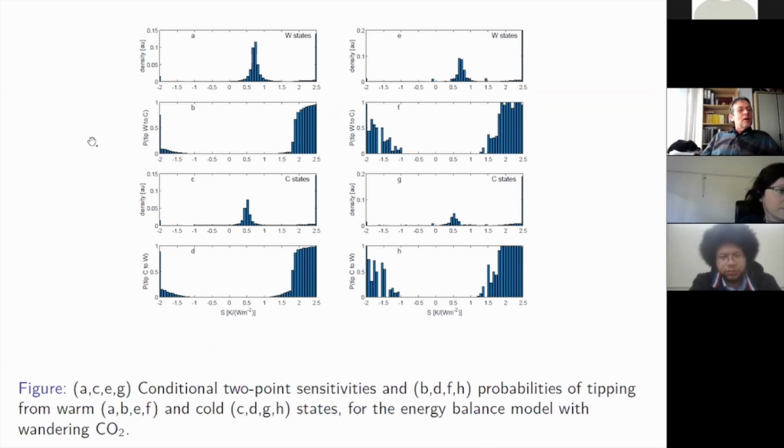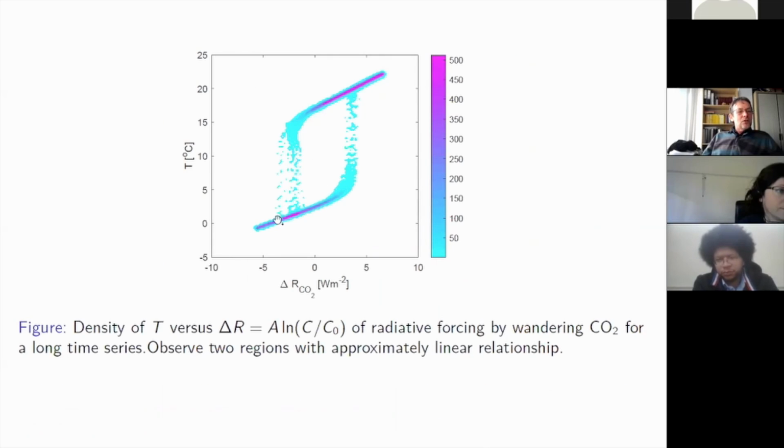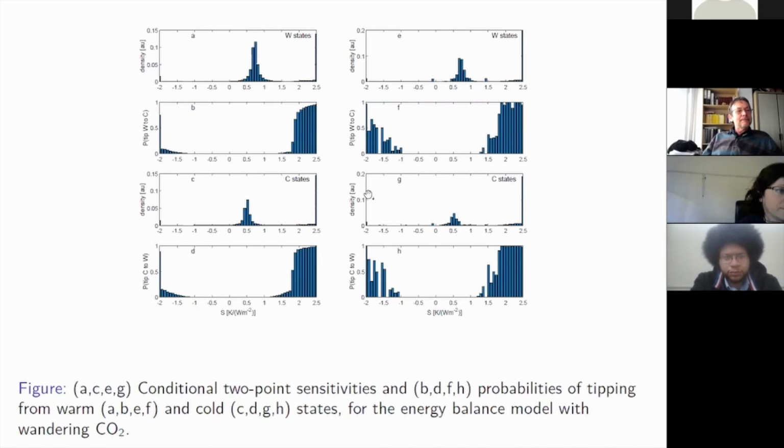Then we can quantify this by looking at the 2-point sensitivities. Again, that's looking at pairs of points where each point is chosen at random with respect to this natural distribution on the delta R against T. Depending on whether we require both of those points to be in the same regime or in different regimes, we'll get different distributions.